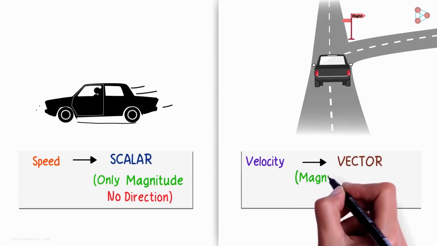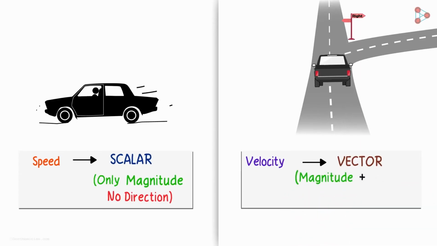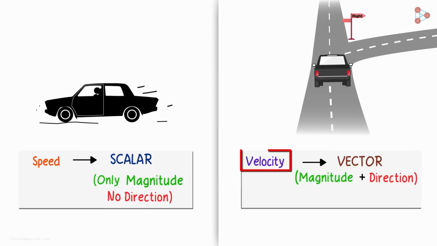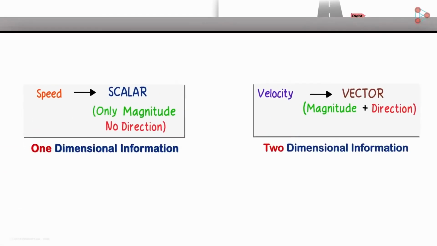A vector quantity involves not just the magnitude but also the direction. When you add directional information to speed, what happens is that it becomes velocity. Okay, and this velocity will be called a vector quantity. The additional information makes it more specific.